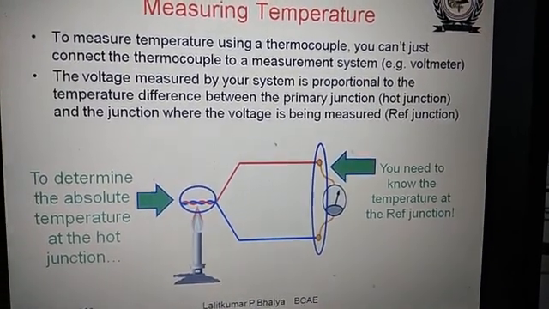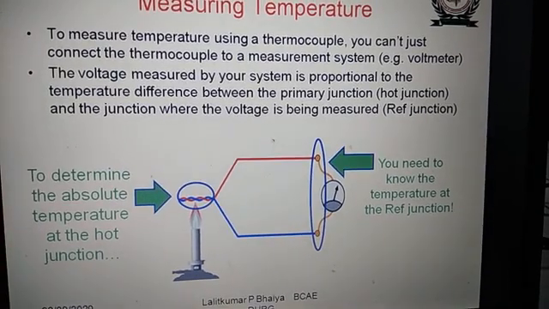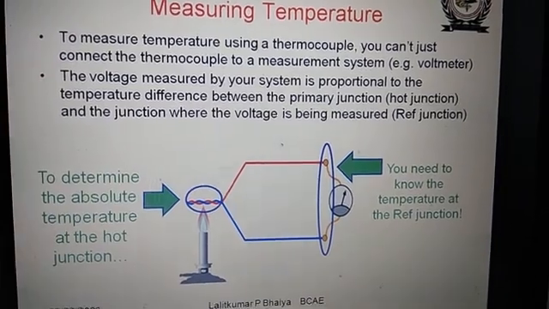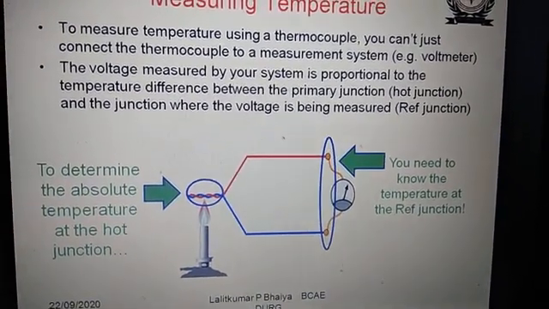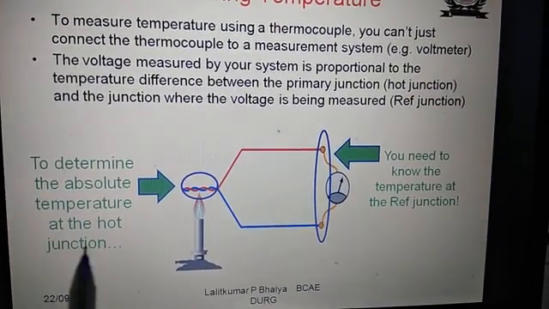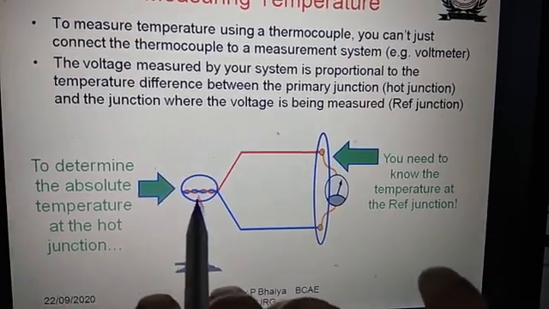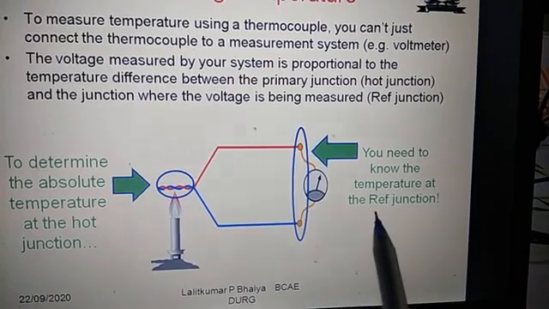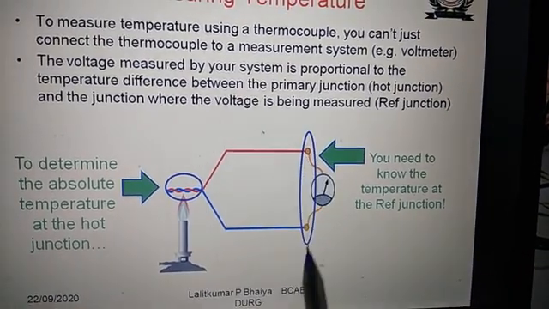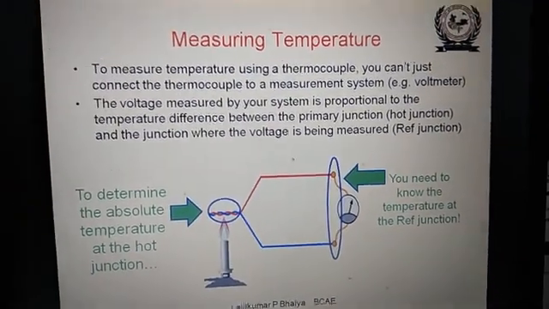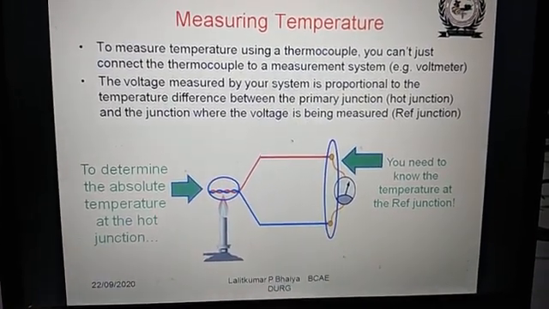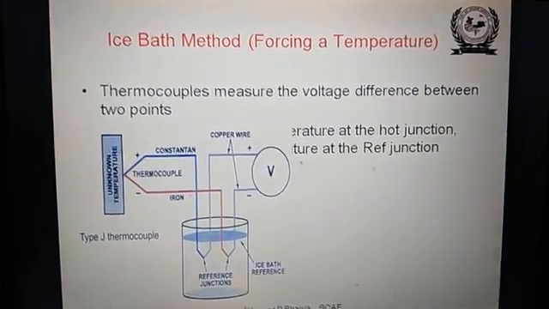The voltage difference between the hot junction and the reference junction will be measured. To determine the absolute temperature at the hot junction, you need to know the temperature at the reference junction. In this way you can measure the temperature using the thermocouple.